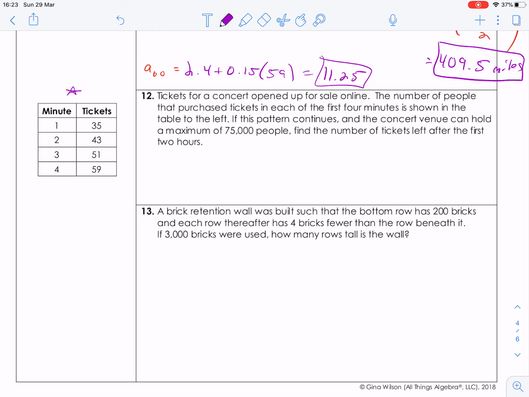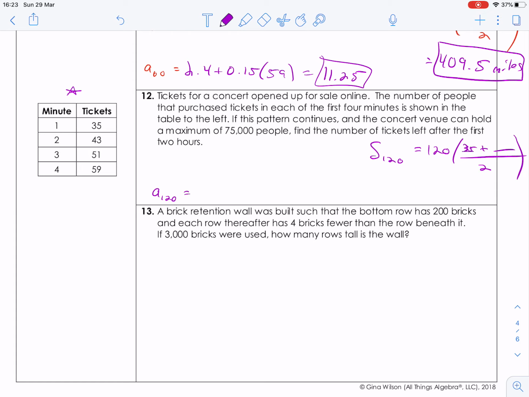So 2 hours. So that is going to be A of 120, because that's how many minutes we're looking for. So our series is going to be S of 120 equals 120 times our first, so our first minute is going to be 35 tickets, plus our last, we don't know yet.